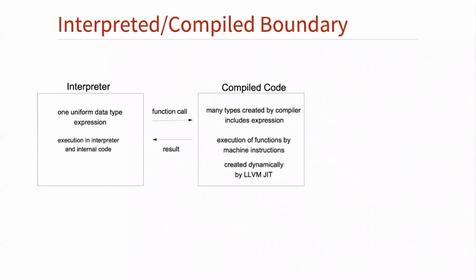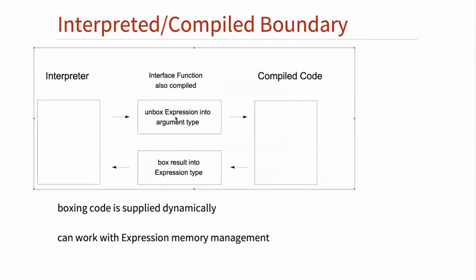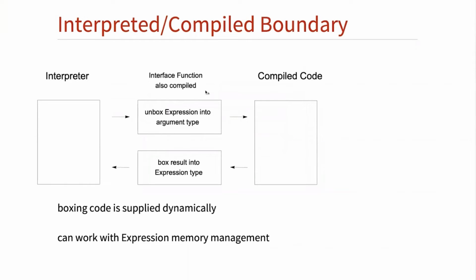What's interesting is that between the interpreter and the compiled code, there's a layer, an interface function. What this does is it converts the mathematical expression into the actual type that's there. So when I marked up my function as taking a 64-bit integer, it converts the expression into a 64-bit integer, or it fails.